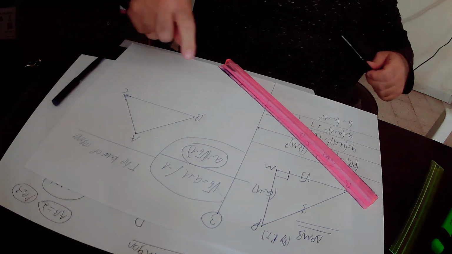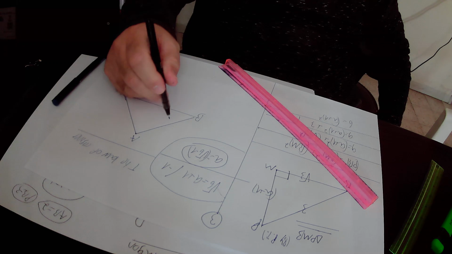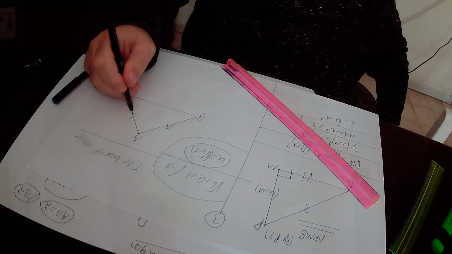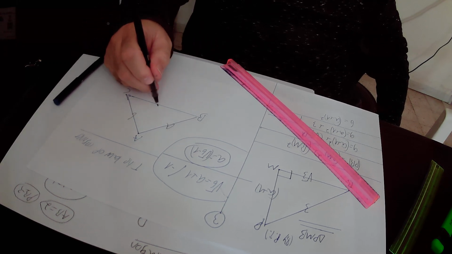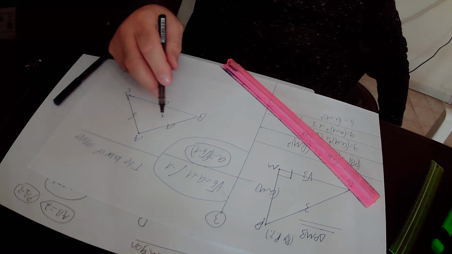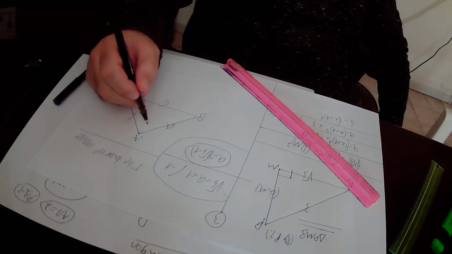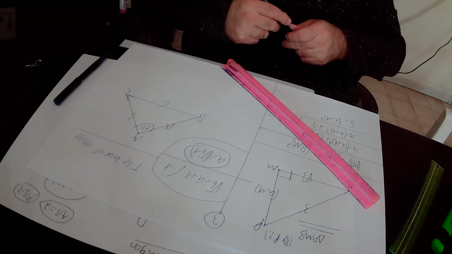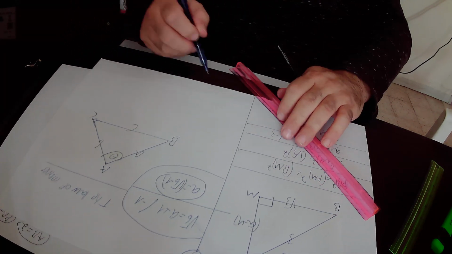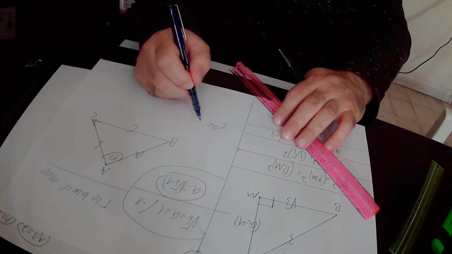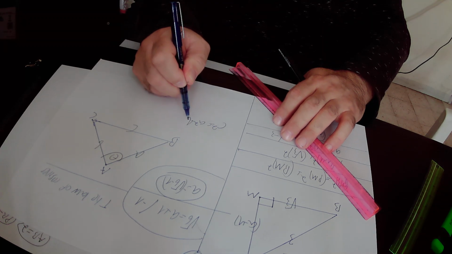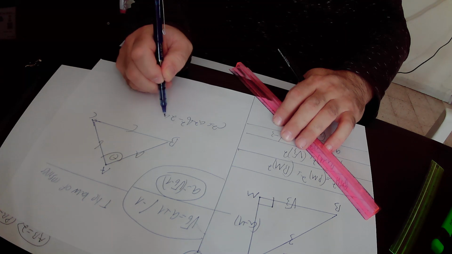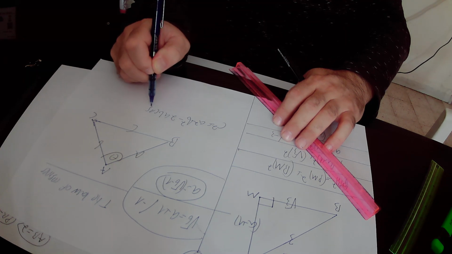We know that the length of side AB is A units, side AC equals B units in length, and side BC equals C units in length, and the angle between side AB and side AC is theta. Then according to the law of cosines, C squared equals A squared plus B squared minus 2 times A times B times cosine theta.